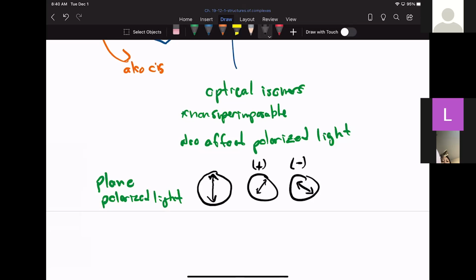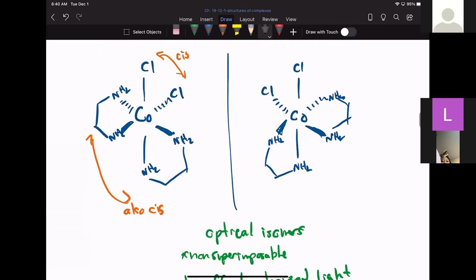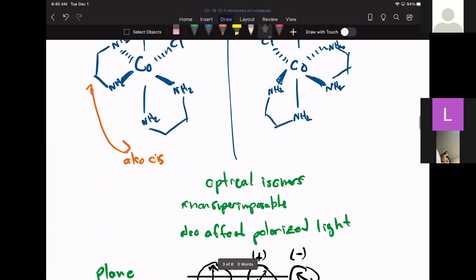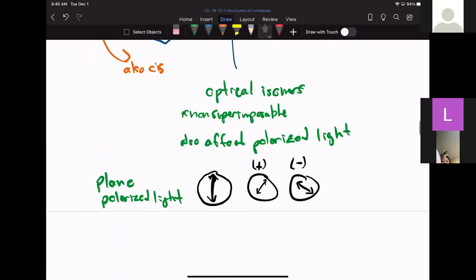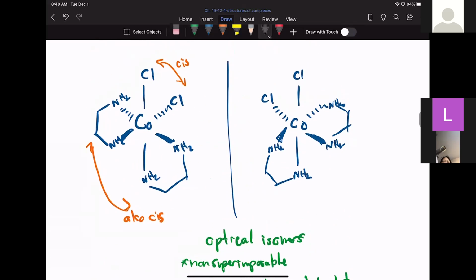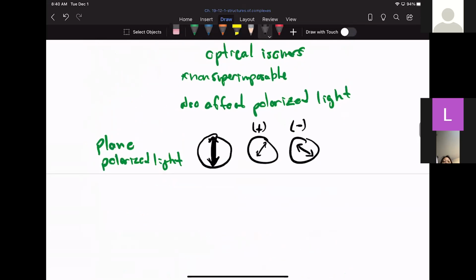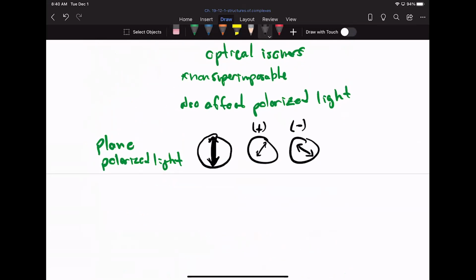If the solution was 50% one isomer, 50% the other isomer, we'd have a racemic mixture. But if we're completely with one of these cis configurations, either 100% the one on the left or 100% the one on the right, then we would twist that light, going into either a clockwise or counterclockwise direction.